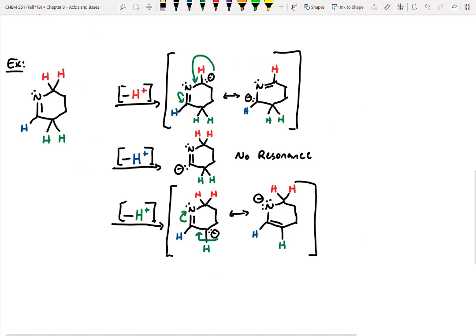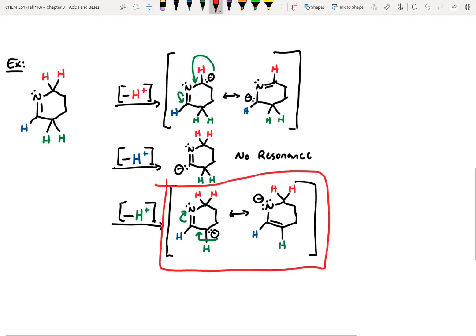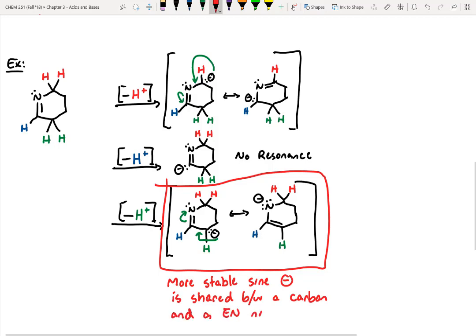So in this one, this one is more stable since the negative charge is shared between a carbon and an electronegative nitrogen. So the nitrogen in this case did make the difference.